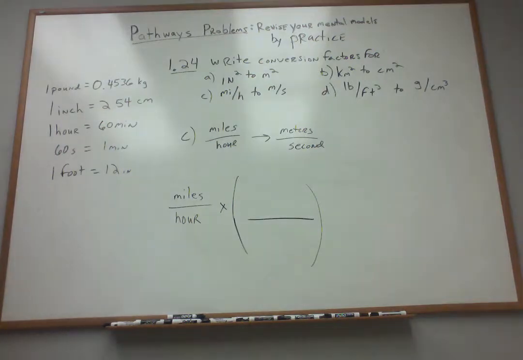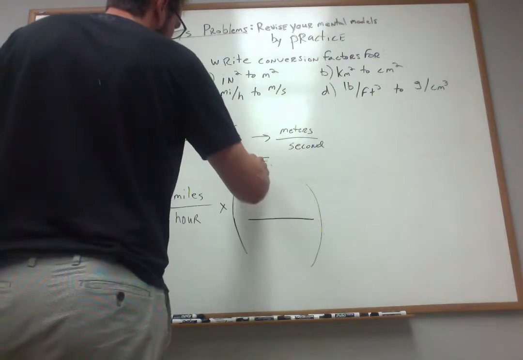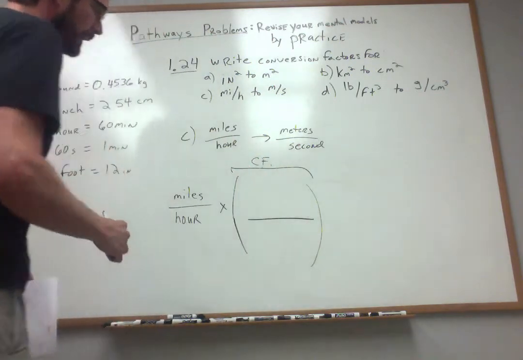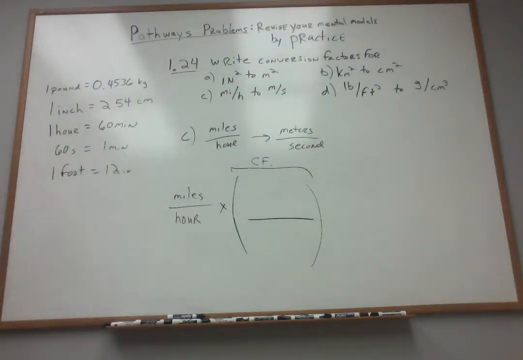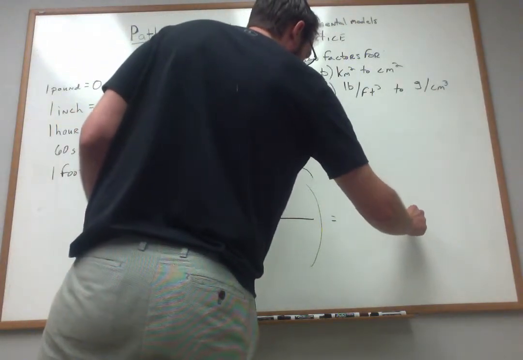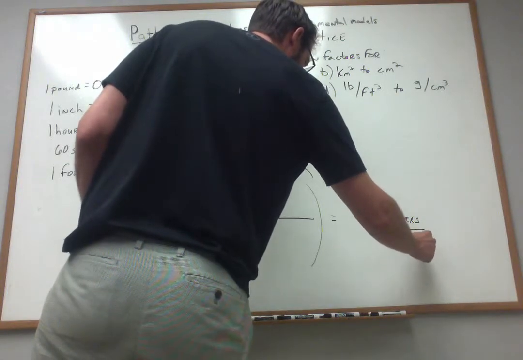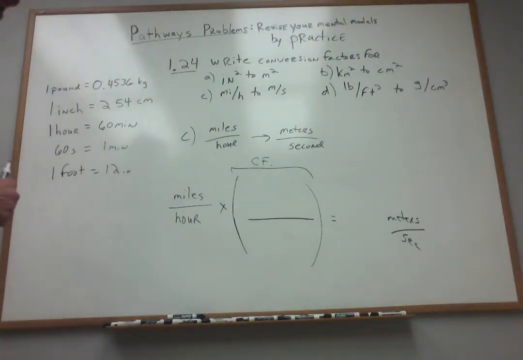There's several different ways you can do this, and other ways may be considered a little bit easier, I suppose. But I'm going to try to be as consistent as possible, where I'm going to take an undesirable unit and multiply by a conversion factor, okay, to get our desirable unit. Which here is meters per second, okay?